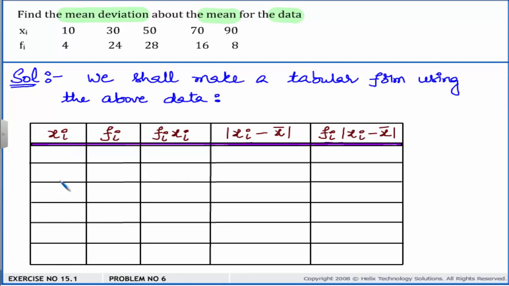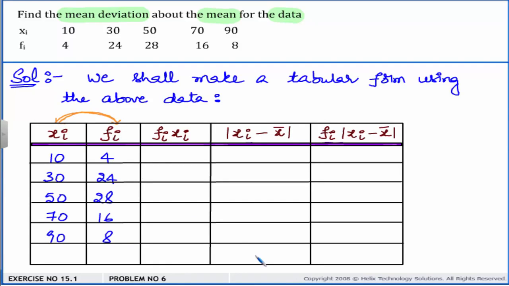In the first column we have the number of observations, and in the second column we have the respective frequencies. Here the observations are 10, 30, 50, 70 and 90, and their respective frequencies are 4, 24, 28, 16 and 8.